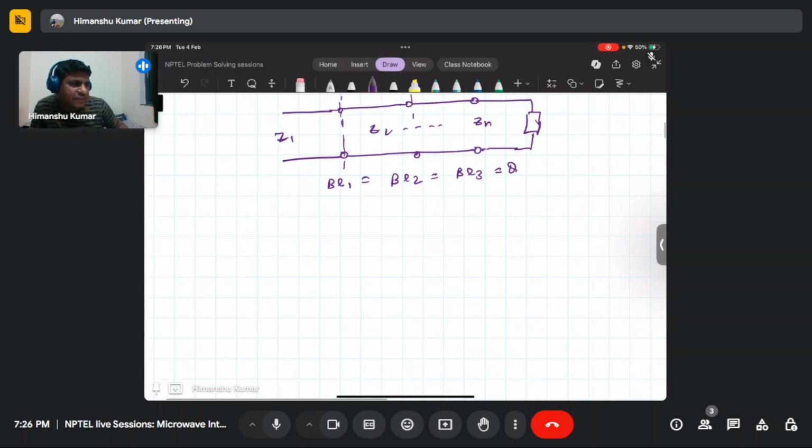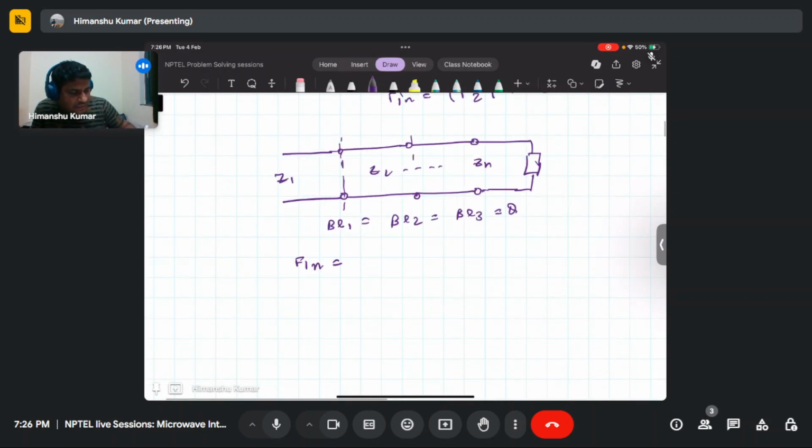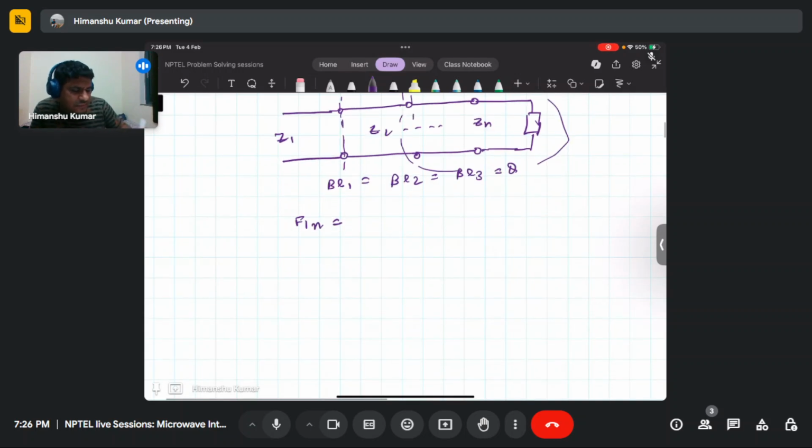So the reflection coefficient at this point is basically gamma in 1, and you can write the input impedance of this line as gamma 1 0, the reflection coefficient at the initial boundary.